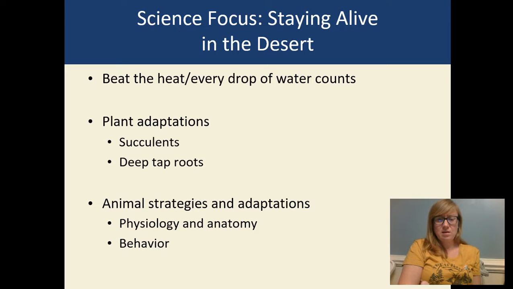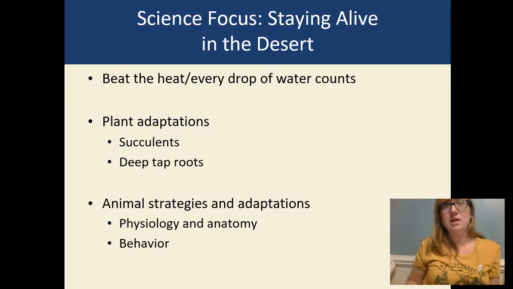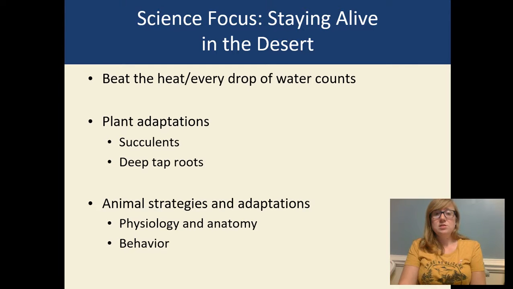So when they come in contact with water, they have to already have something that allows them to make efficient use of it. So like I said, plant adaptations: you can find these succulent plants with thick leaves like a cactus or agave or an aloe plant, and they'll have very, very deep tap roots that hopefully will go all the way down and find some of that groundwater.